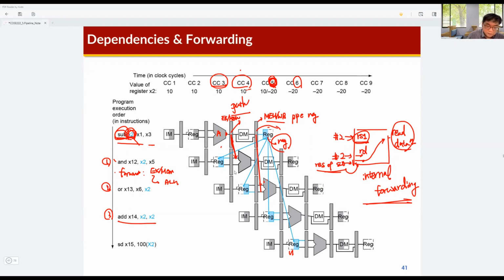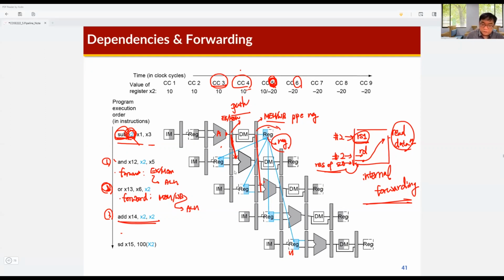And then for this second next instruction, we can solve the data hazard using also a forwarding path from the memory write back pipeline register to the ALU, like this figure, this path. How about the third next instruction?